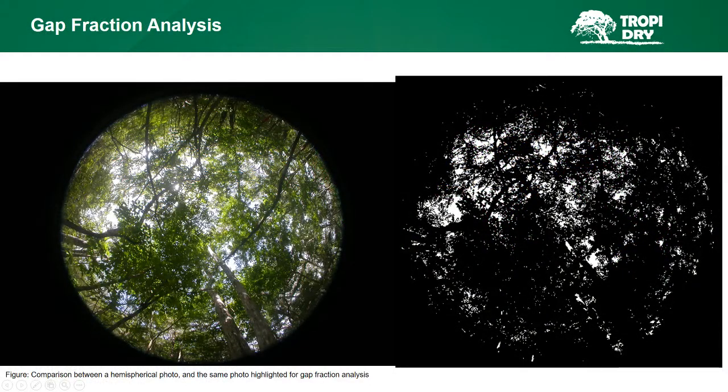So from this, we can also get our gap fraction analysis. This is a hemispherical photo that was taken in Santa Rosa National Park in an intermediate stage forest. And then we ran it through a piece of software called HemiView, which essentially blacks out all the vegetation and then leaves the sky regions white.